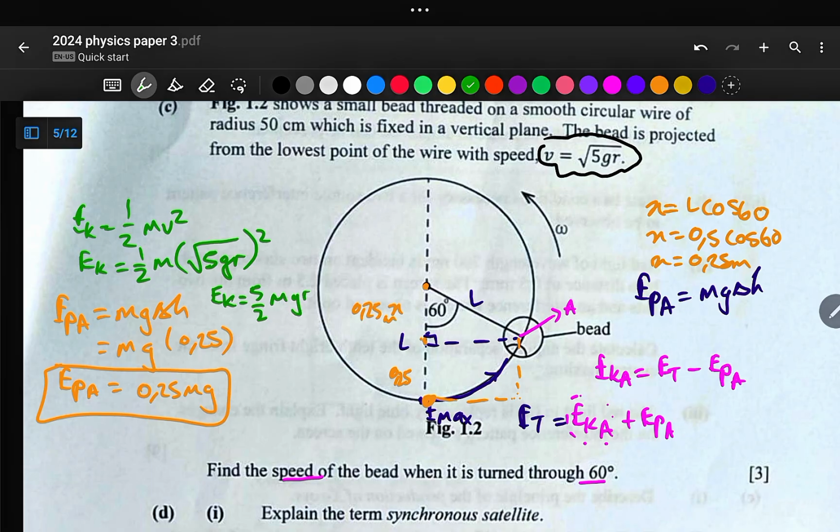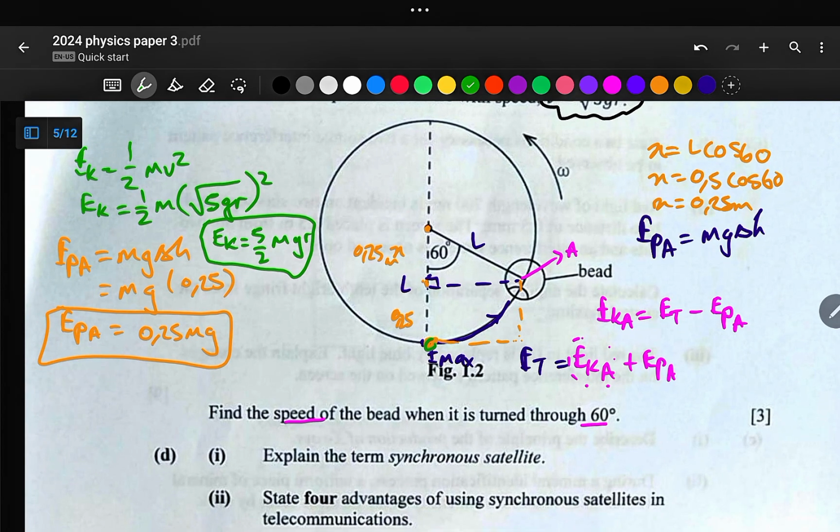This is our total energy at this point. So the kinetic energy at point A is equal to the total energy, 5/2 mgr minus 0.25 mg.